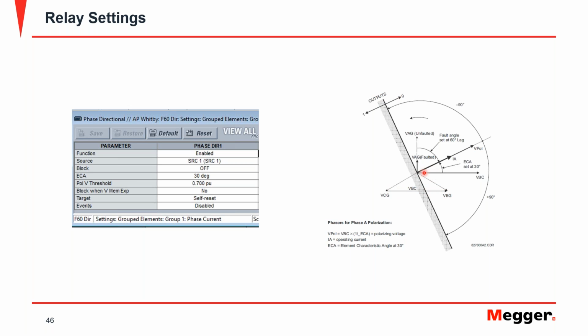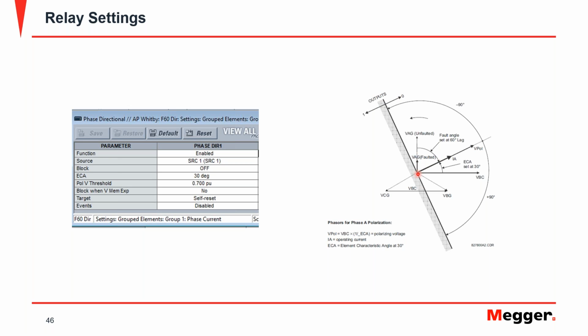This is VBC right here. They have VAG, the voltage to ground from phase A. Notice that they have the VAG unfolded, and then they have this VAG folded, reduced in magnitude.